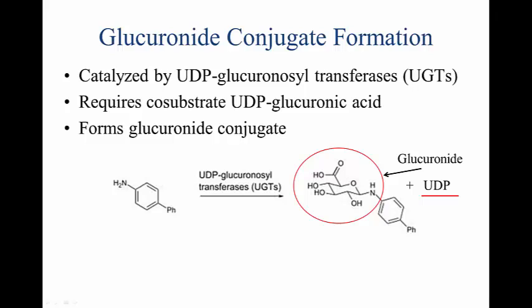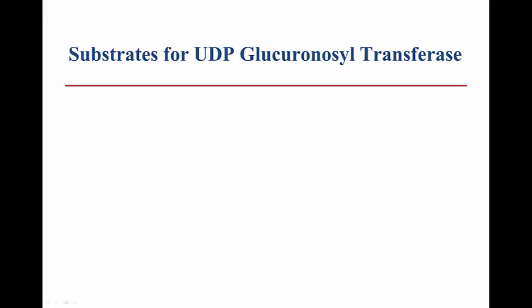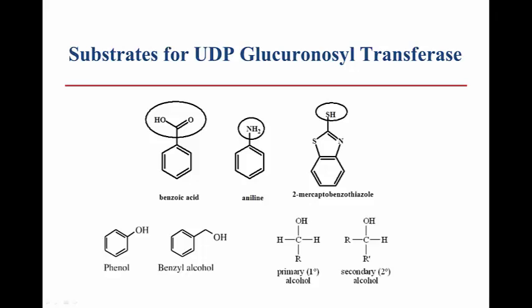Glucuronide conjugates are large and polar, and they are primarily excreted through the bile. Glucuronide conjugates are typically formed from carboxylic acids, aromatic amines, aromatic sulfhydryls, and aromatic and aliphatic alcohols. The presence of these functional groups on a molecule makes them good substrates for glucuronidation.